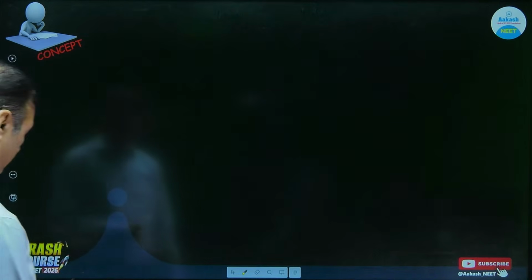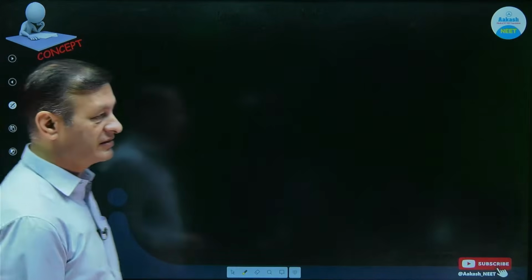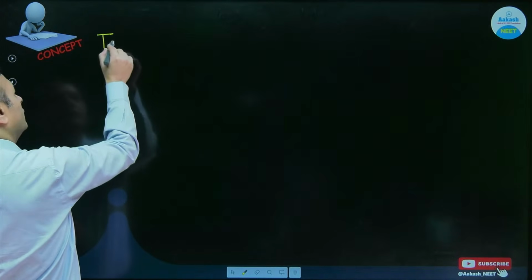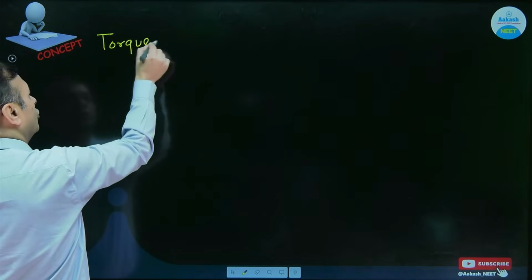Moving to the next stage, that was all about your center of mass. Now coming to the concept of torque.